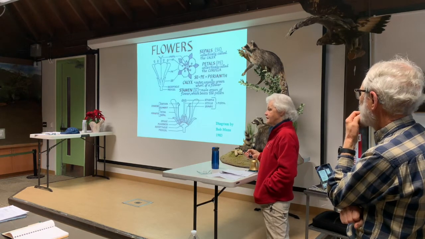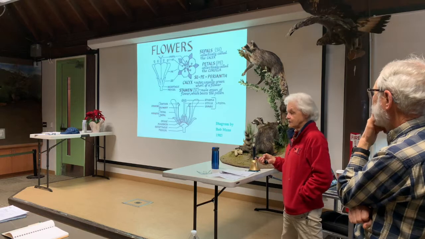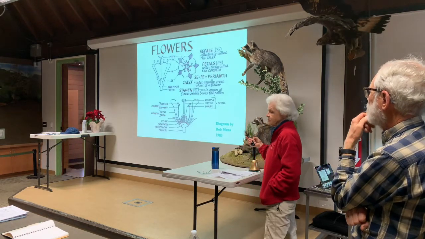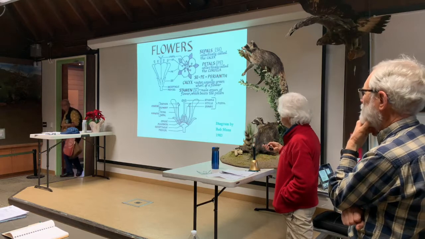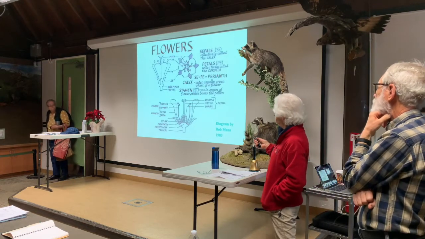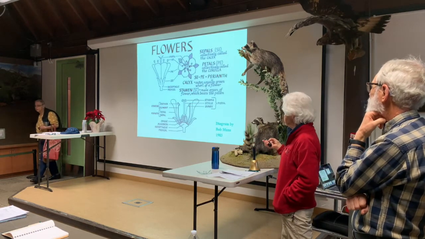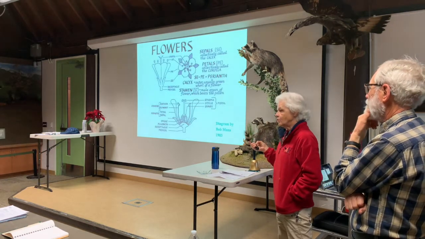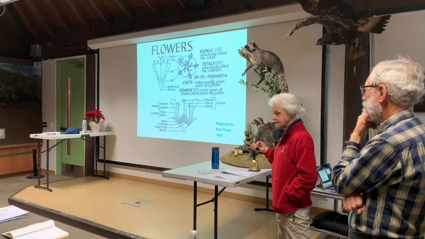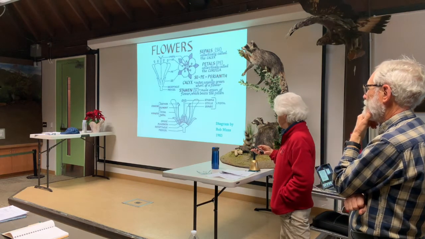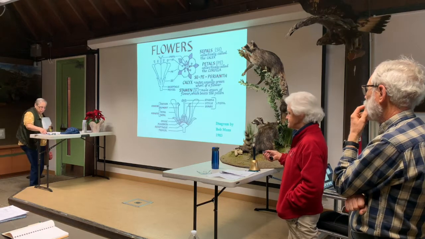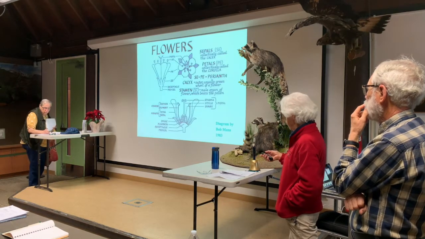That process can take a long time, like in the oak, it could take several months. So just because a plant is pollinated in that moment, it's not necessarily fertilized. But pollination is a requirement to get fertilized.